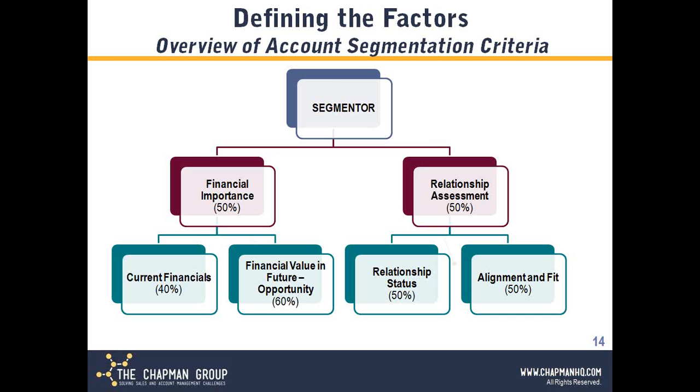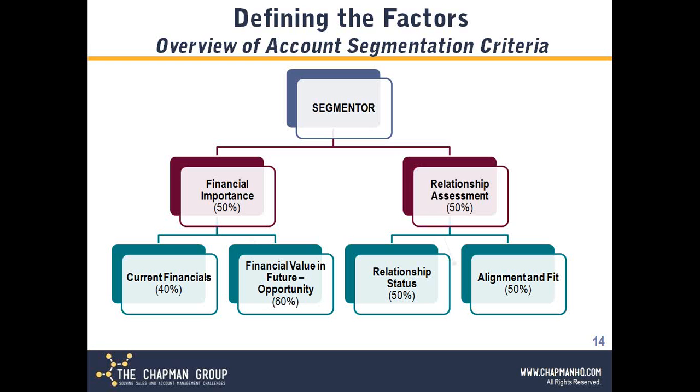So I've just introduced another term, which is this whole thing around factoring and weighting. Answers have certain factors and weights so that ultimately they roll up to equal whatever value the financial importance has in both of the views. We do a very similar approach in the relationship assessment.